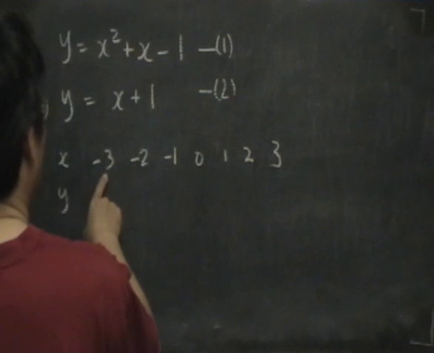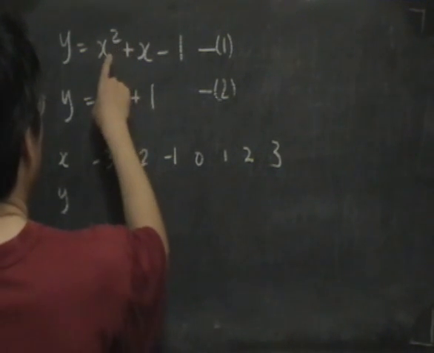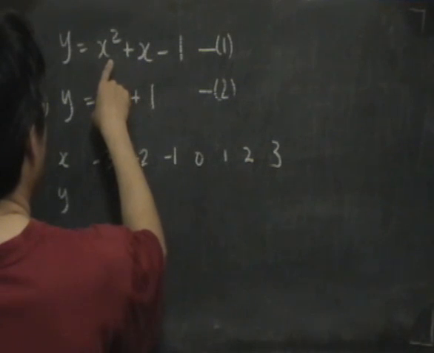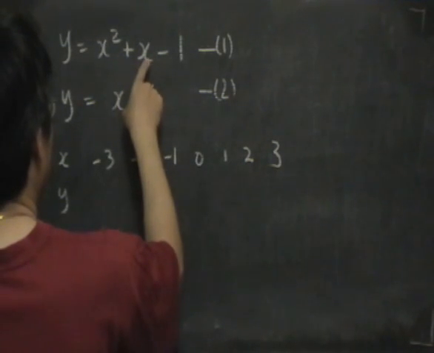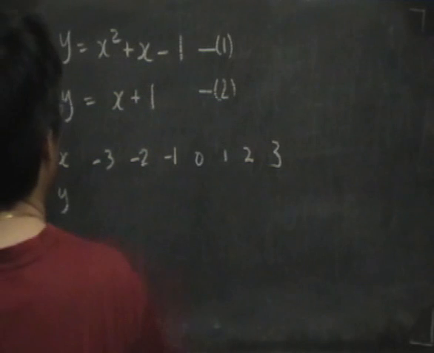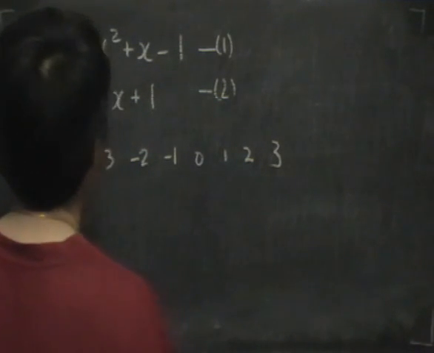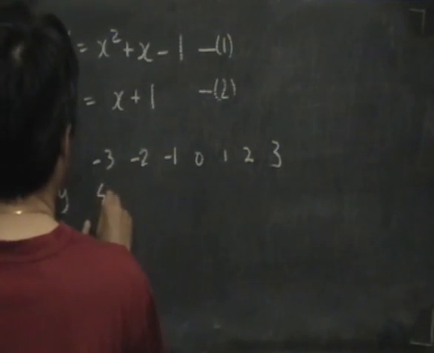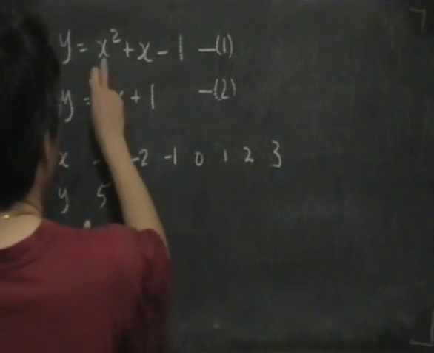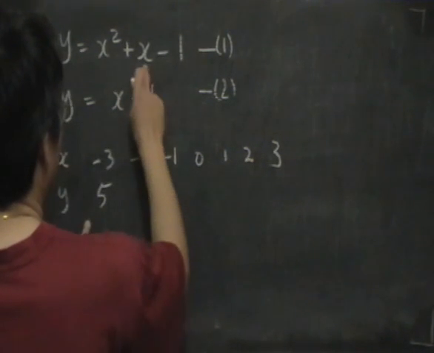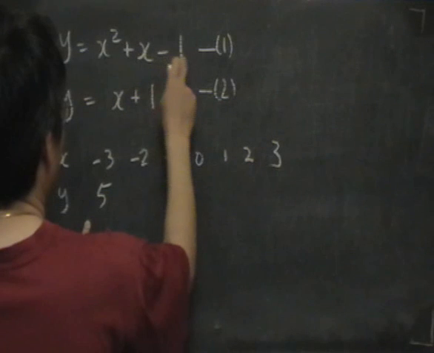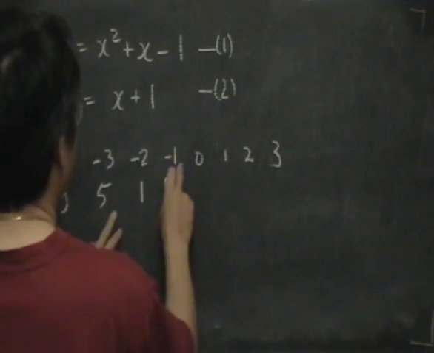So minus 3 would be 9, plus minus 3 and minus 1, so that will be 5. Minus 2 is 4, minus 2 minus 1 is 1.